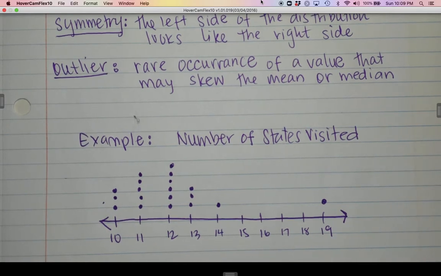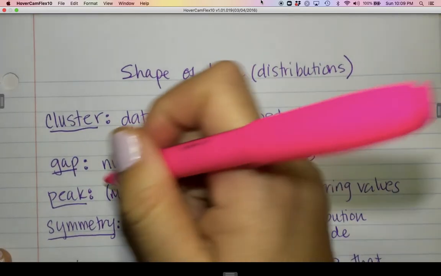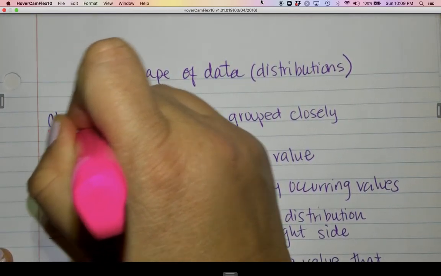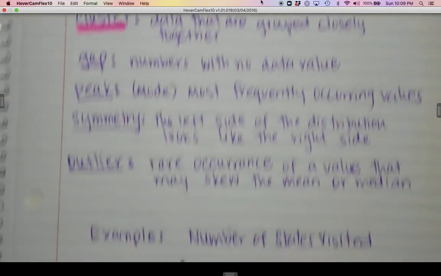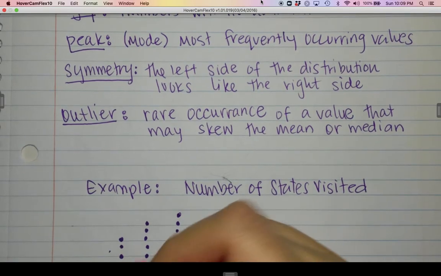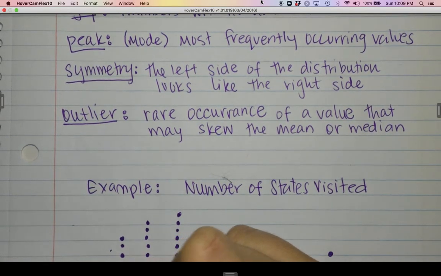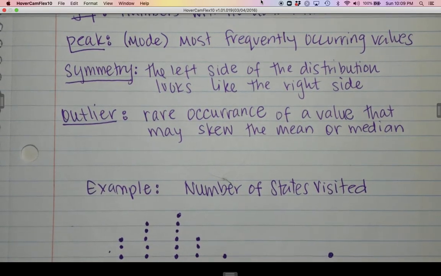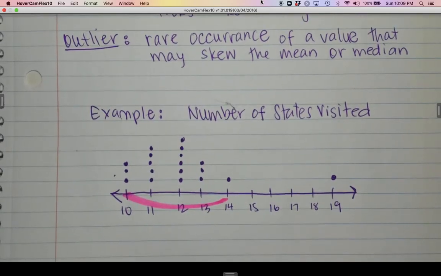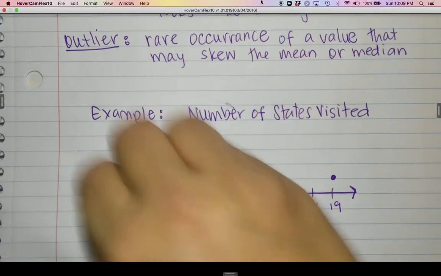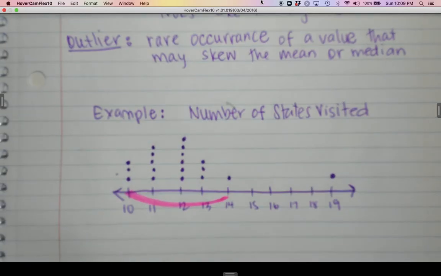and I'm going to use my highlighters, a cluster. Data that are grouped closely together. This is a cluster. Oops, sorry, you can't see it. You can see all of the numbers lie in this area.